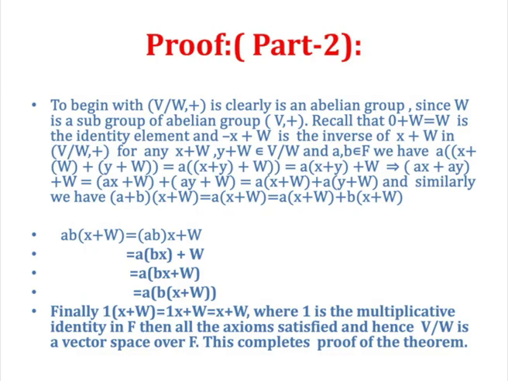So finally, 1 into (x + W) can be written as 1 into x + 1 into W, which is nothing but W, that equals x + W, where 1 is the multiplicative identity in F, meaning field F. Then all the axioms are satisfied, and hence V/W, the quotient space, is a vector space over a field F. This completes the proof of the theorem.